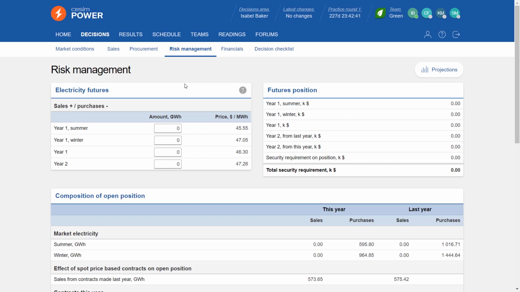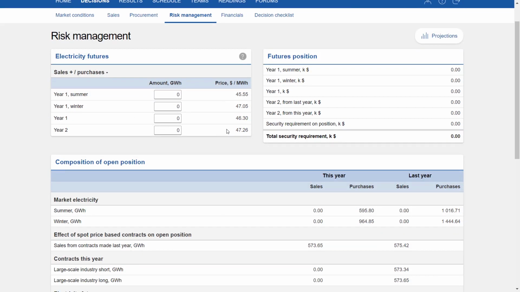If we are committing to sell more than our physical position plus the contract purchases, then we will be buying from the spot market. And the risk management section can be used to hedge against the price fluctuations in the spot market.